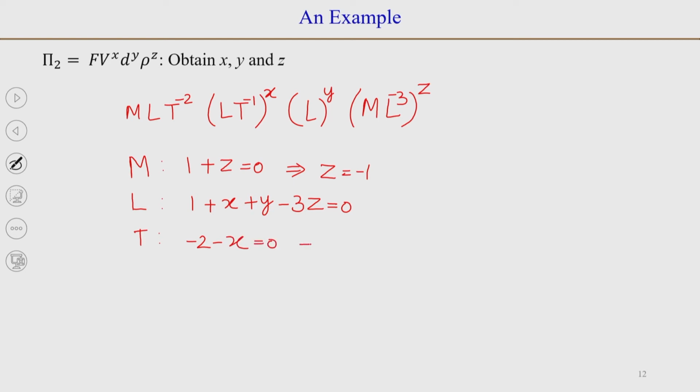So, from this we get x is equal to minus 2. So, we will have 1 minus 2 plus y plus 3 is equal to 0, or minus 1 plus 3. So, 2 plus y is equal to 0, or y is equal to minus 2.